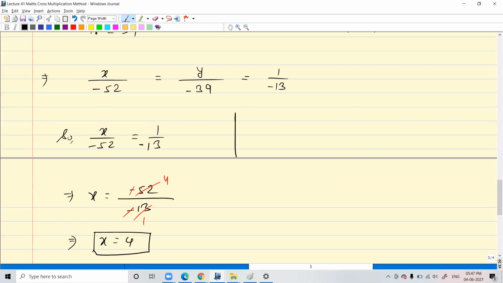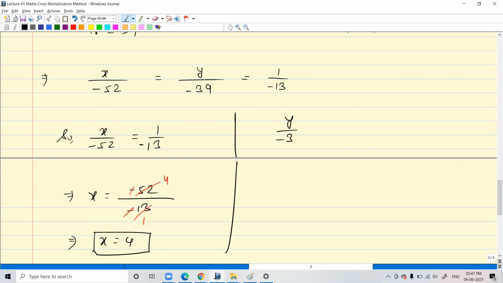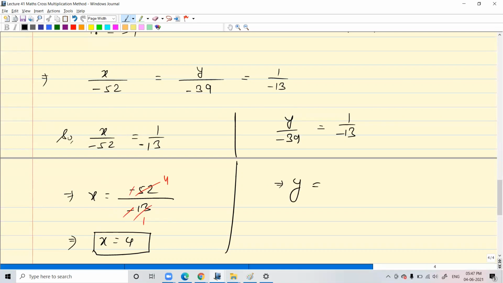Same way, we can take y by minus 39 is equal to minus 1 by minus 13. This will imply that y is equal to minus 39 by minus 13. So these two will cancel. 13, 3s are 39.